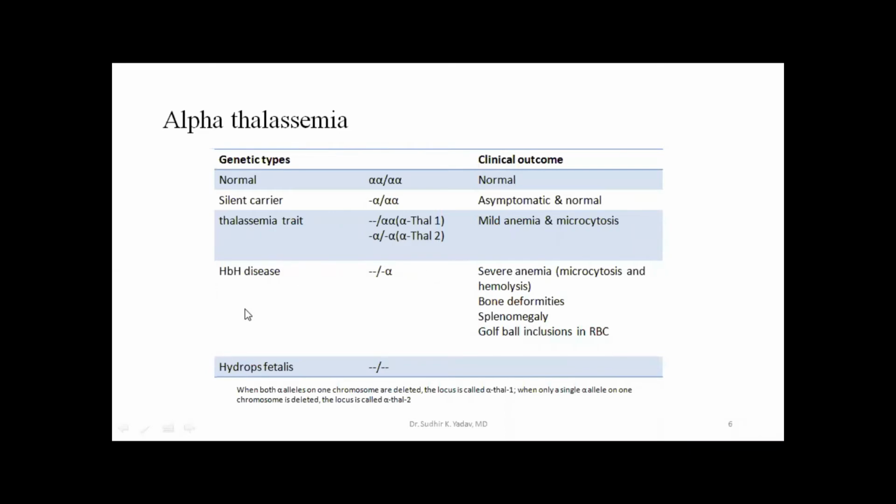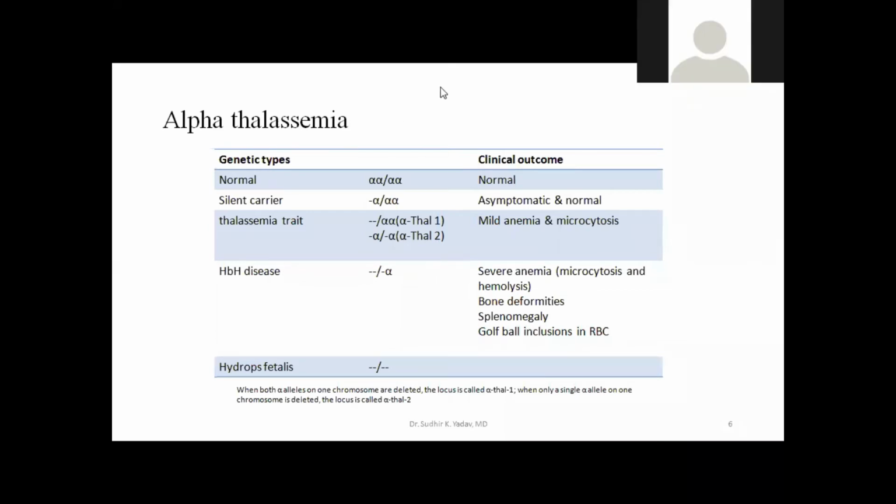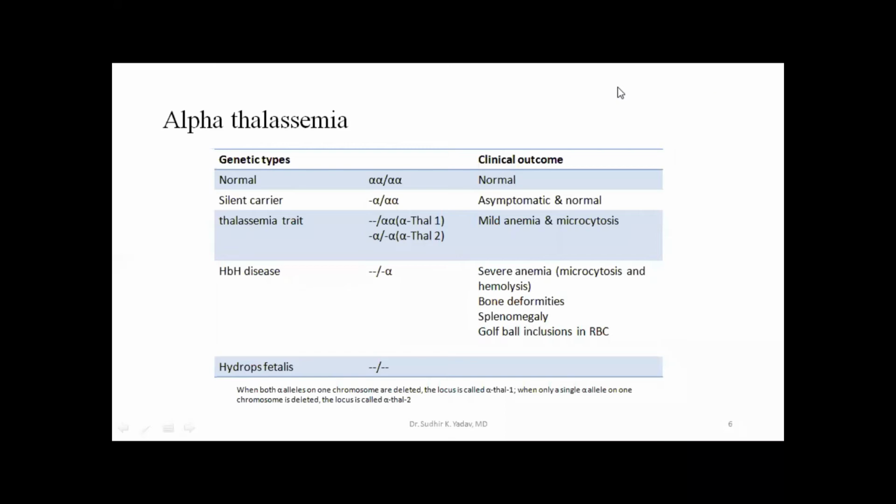The third type of patient is the group known as HbH disease, and there is deletion of three alleles. So only merely 25% of the total alpha globins are produced. So less hemoglobin will be produced, and more hemolysis will be there.